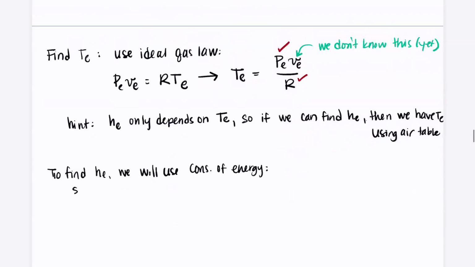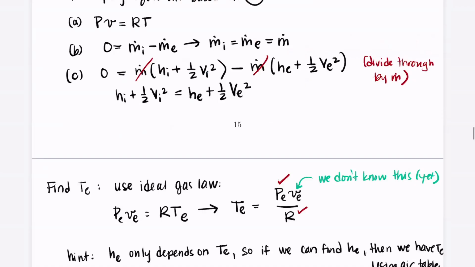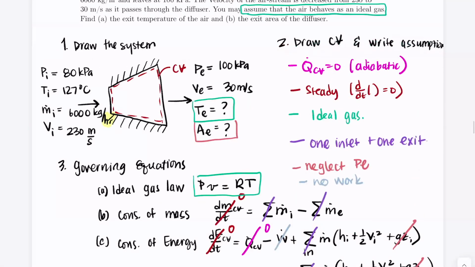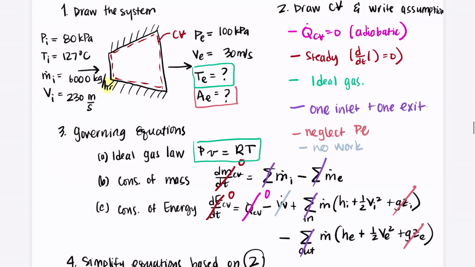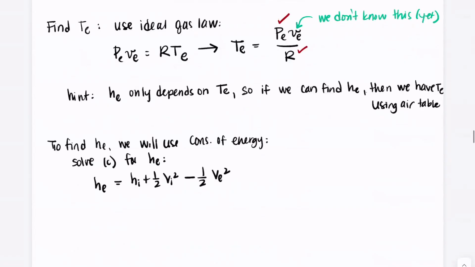I'm going to solve equation C for HE. We have HE is equal to HI plus 1/2 VI squared minus 1/2 VE squared. We know VI and VE, and we can find HI because we have all the other information about the inlet.